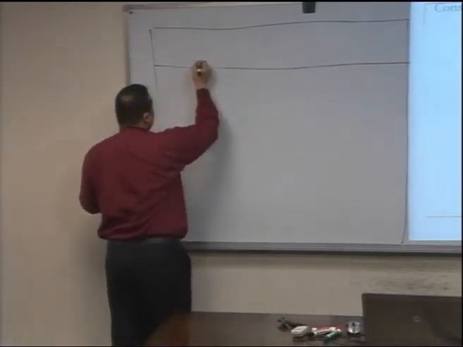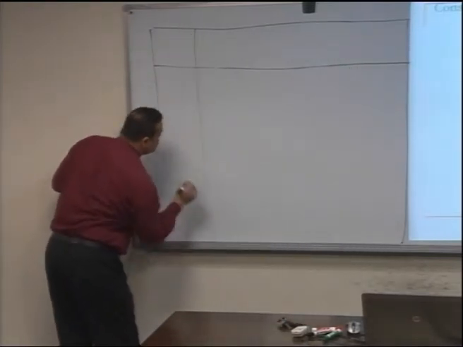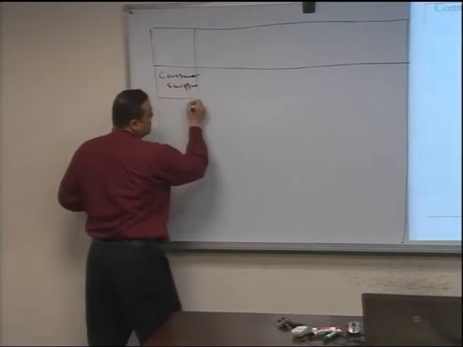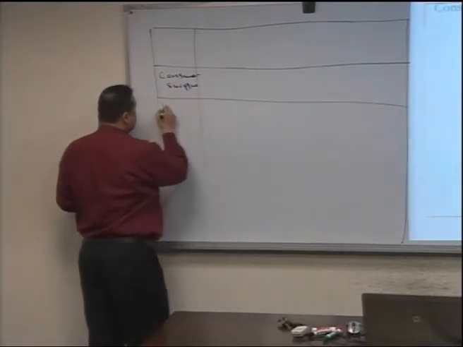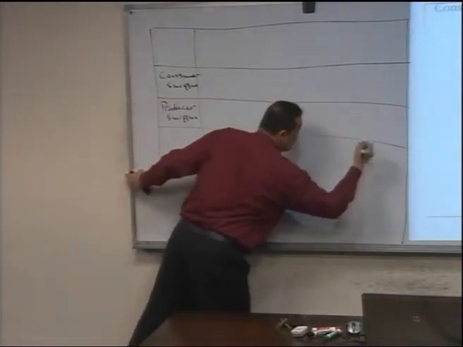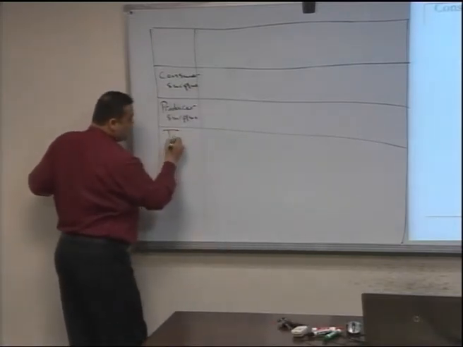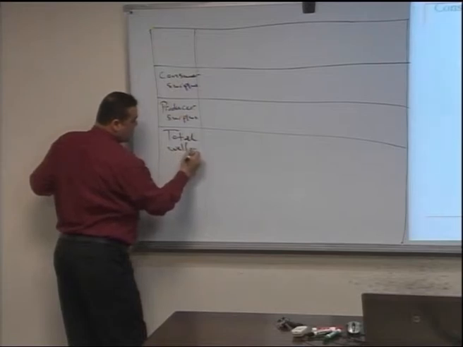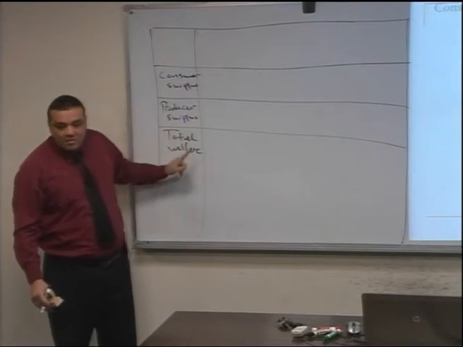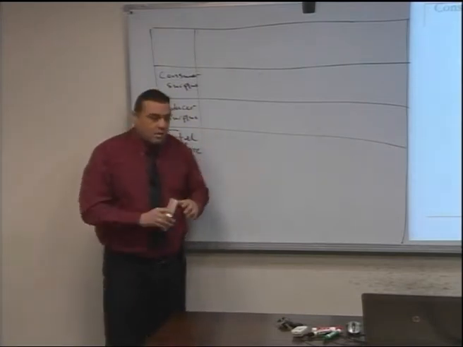The consumer surplus, producer surplus, and the total surplus or total welfare. We can call it social surplus, total welfare, social welfare.